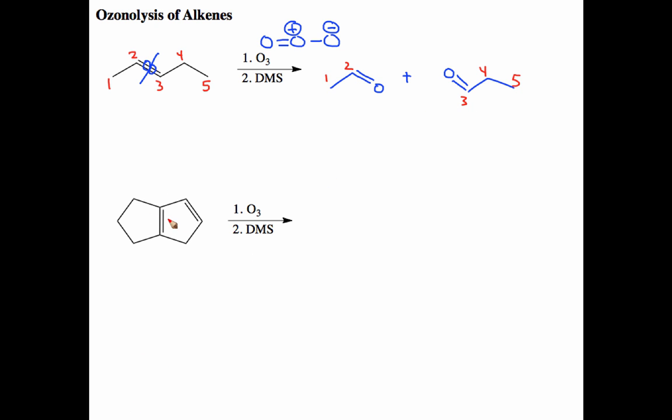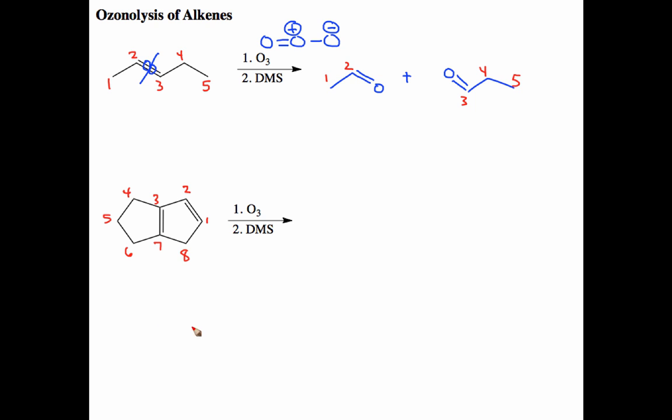Now this second example was a little more complex, and the first thing I'm going to do is just arbitrarily number all of the carbons in this structure. So that'll let us keep track of our carbons.